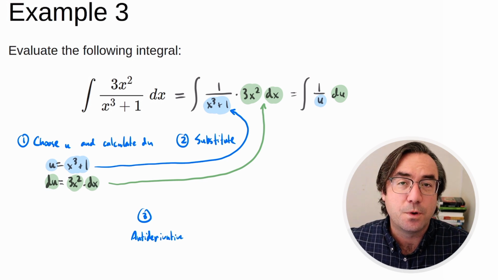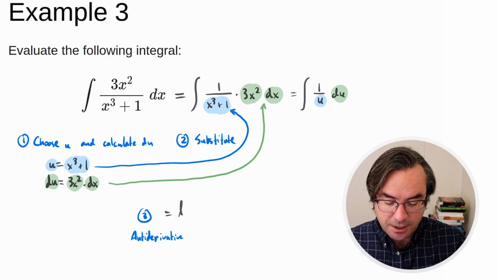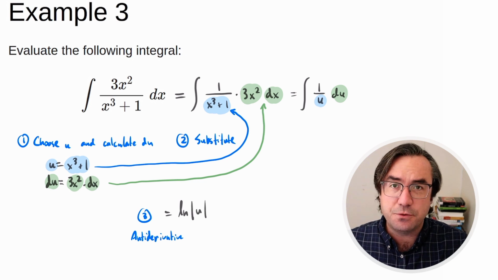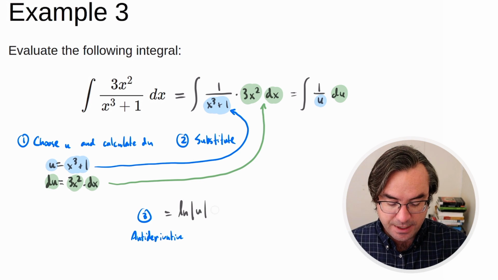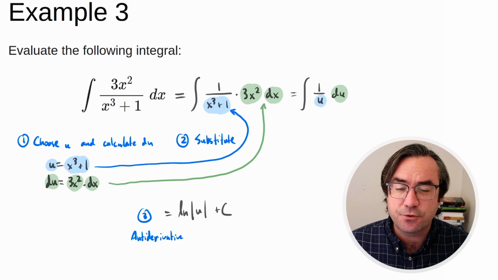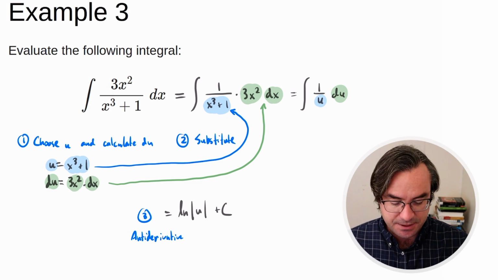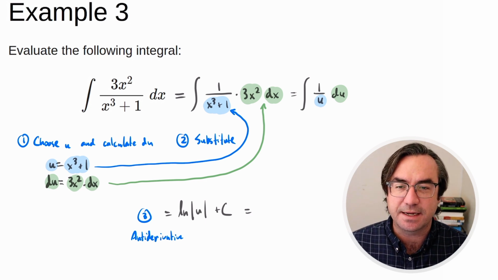All right, so 1 over u integrates to just natural log of absolute value u. And we found the antiderivative, so let's put in our plus c. And then our final step, once we have the antiderivative, is we've just got to get it back to x. So the last step here is convert back to x.